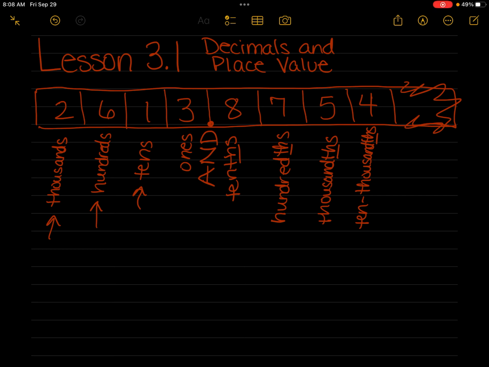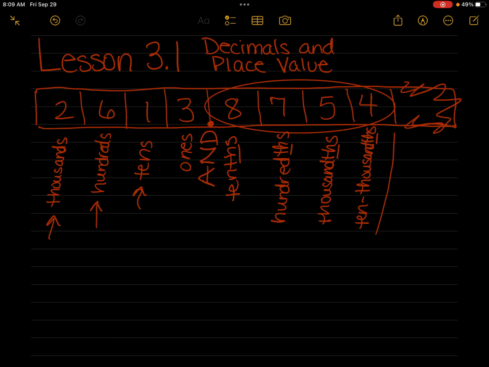So 2,613 and then the way you say this last part is you say this number just the way it looks, and then you say the last place. So I'm going to say 8,754 ten-thousandths. Okay, so I just said that part after the decimal, just like I would if it was a normal number, and then I add the place value of the last number, which is ten-thousandths.